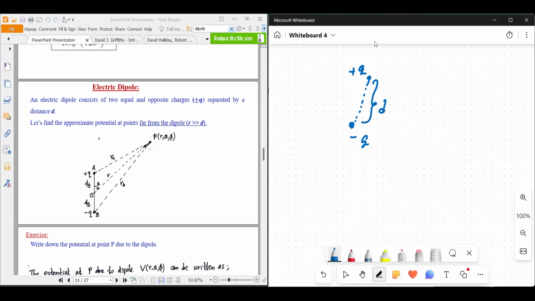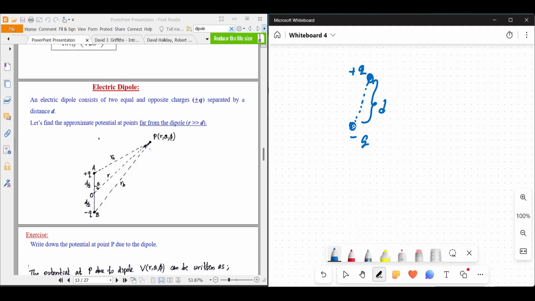Two charges with magnitude q but opposite in sign, separated by distance d: this kind of configuration we call an electric dipole.